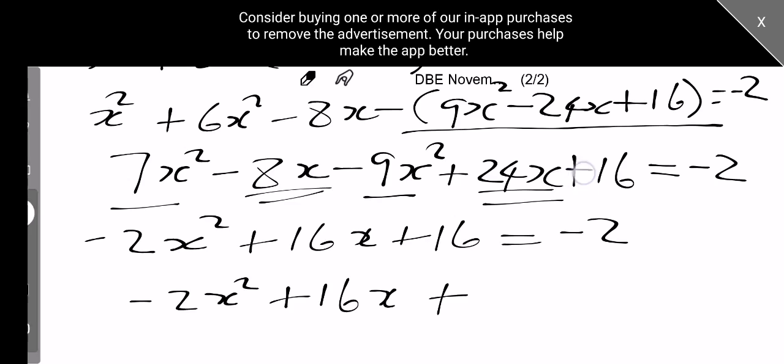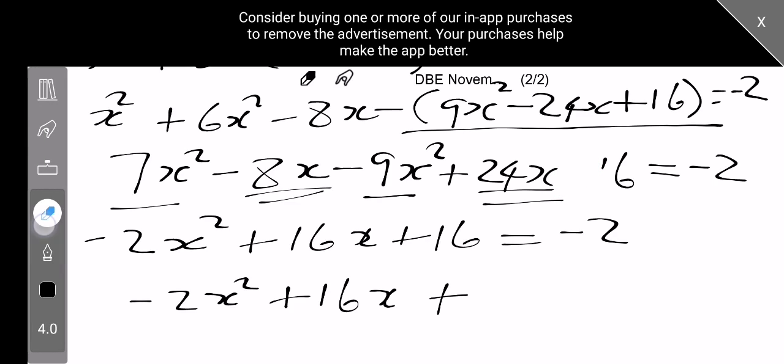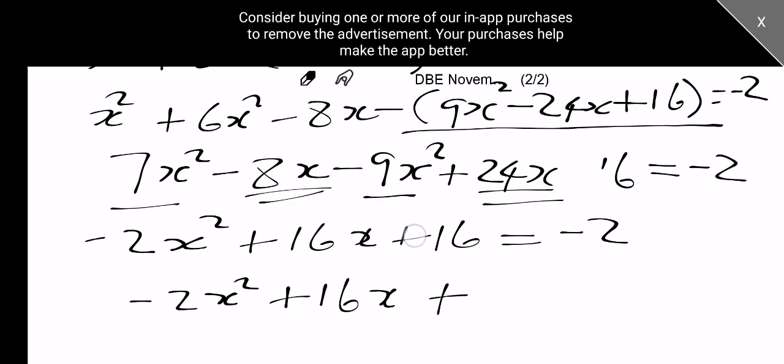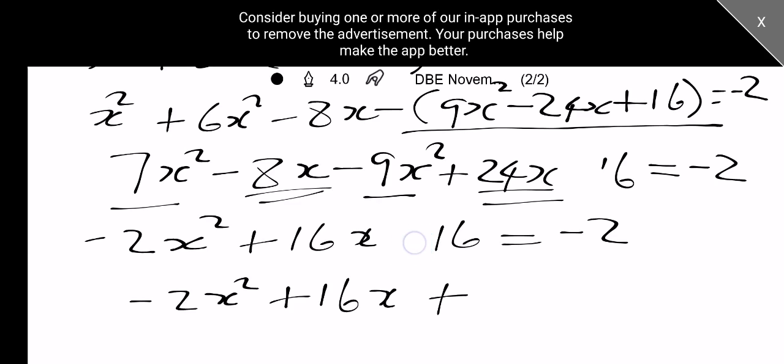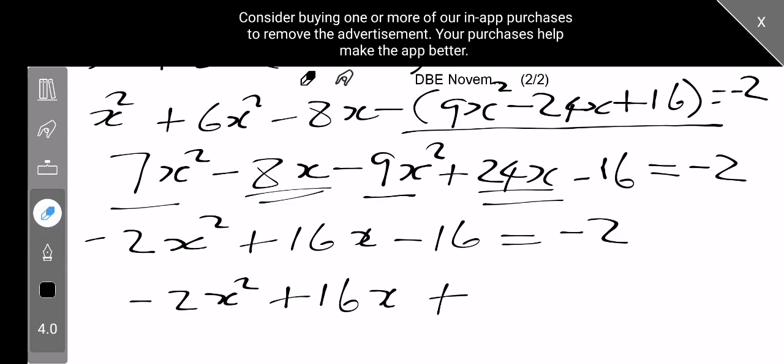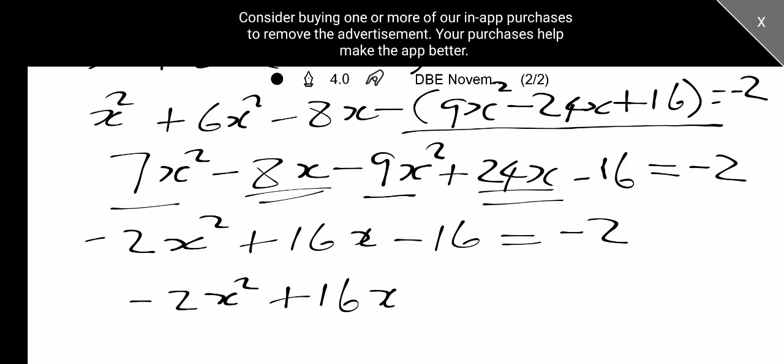This is the type of mistake you make when there's a minus sign in front of a bracket. So it is supposed to be negative here, so it's going to be negative 14 when we take the 2 to the other side, equals 0.